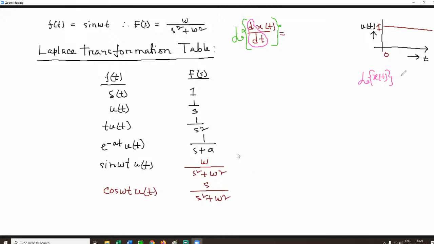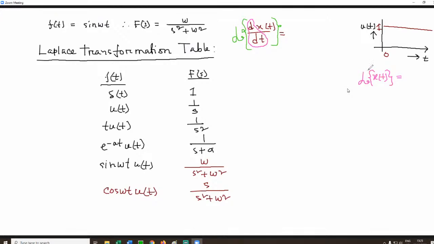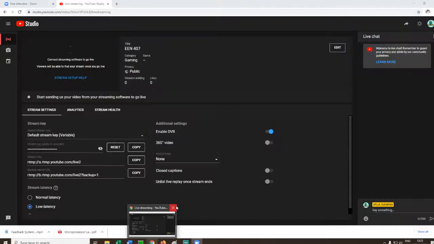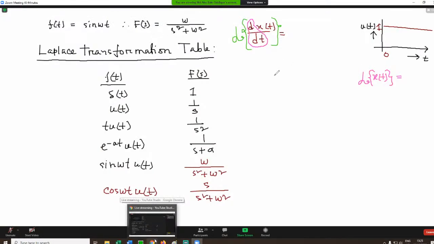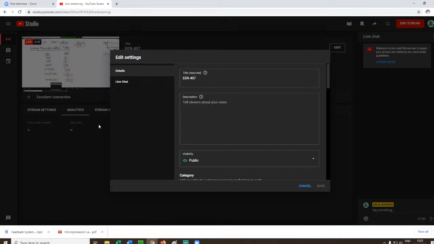If you take the Laplace transform of ft, you get Fs.